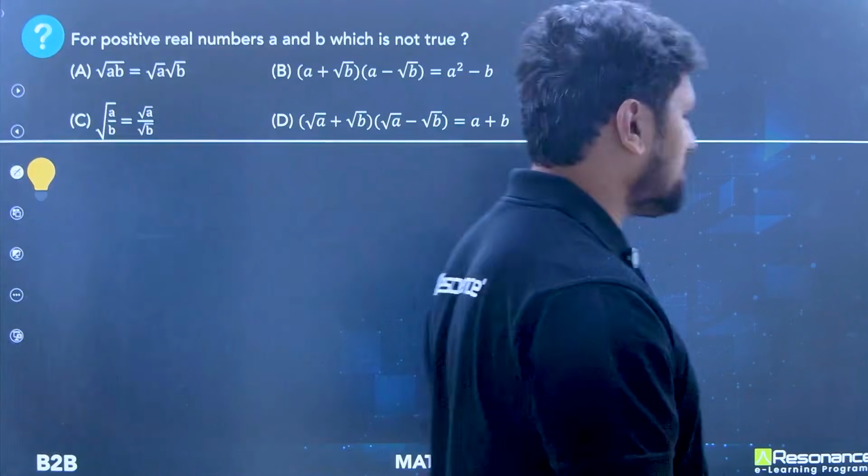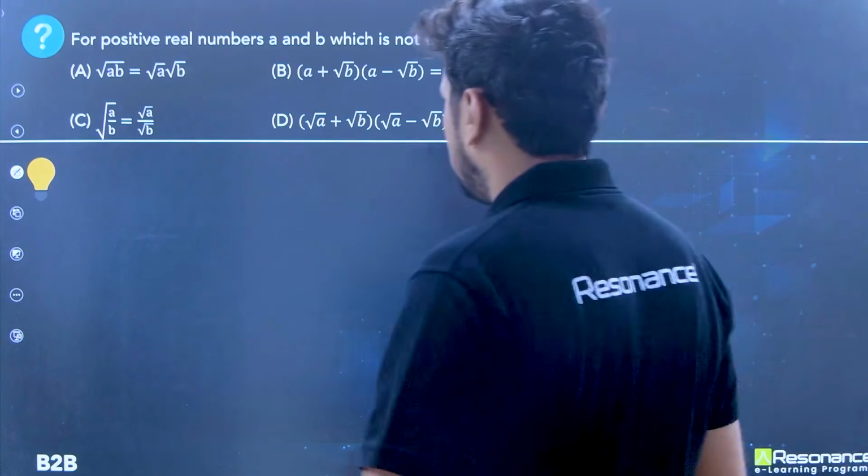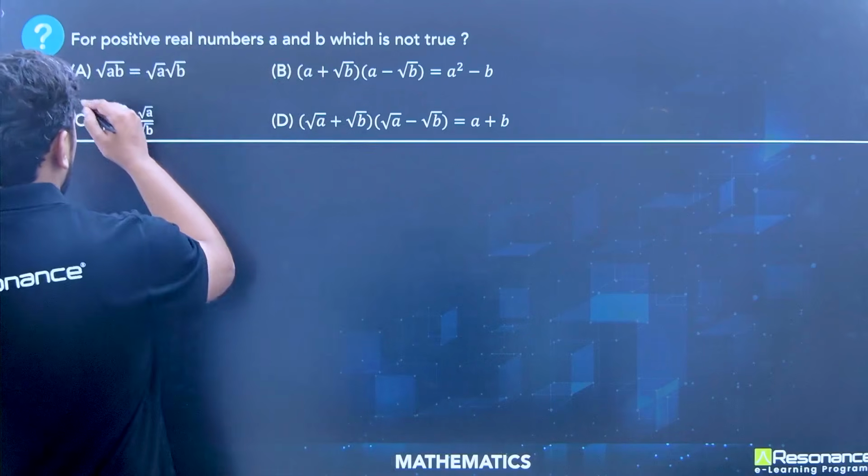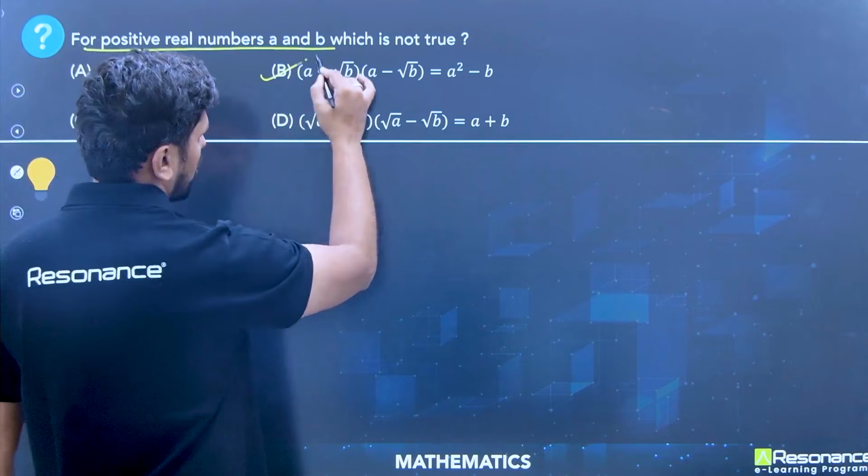We have to see which is not true. A and B are given as positive number. So this is the property.